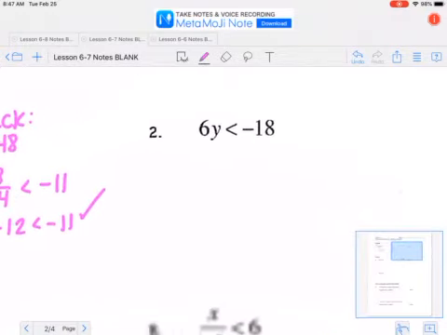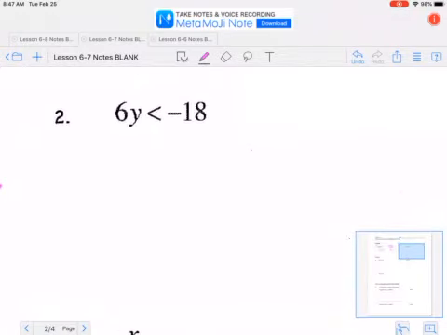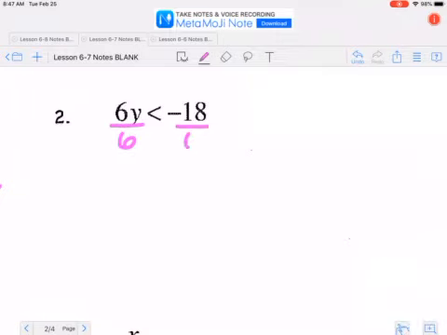Okay. Number 2, we're dividing by a 6, not a negative 6 because there's no negative sign in front, just a positive 6. So our 6's cancel, and we're left with y is less than negative 3.